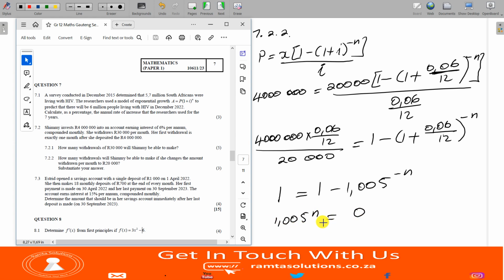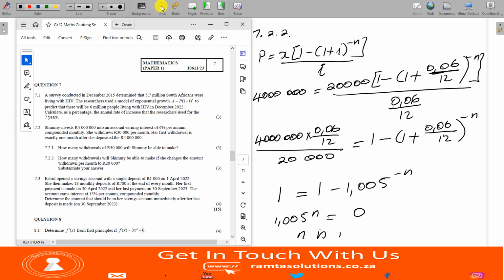Guys, if you do your logarithms, it will tell you that there's an error here, right? So by saying this, I want to say n is infinitely large, because it's not possible.